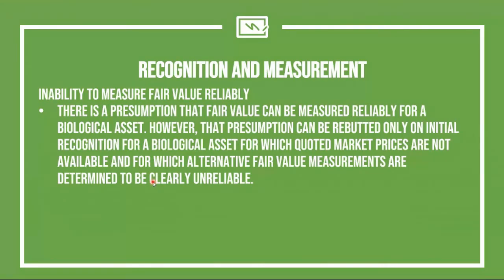So the thing here is, similar to investment property, in the case of agriculture, although there is a rebuttable presumption that fair value is there, it is more likely than not that there should be a fair value. Because the concept here is, it is impossible for an entity to engage in agricultural activity wherein they are not sure if they will eventually sell the biological asset or the agricultural produce. Okay? So in that case, fair value will more likely than not always be available.